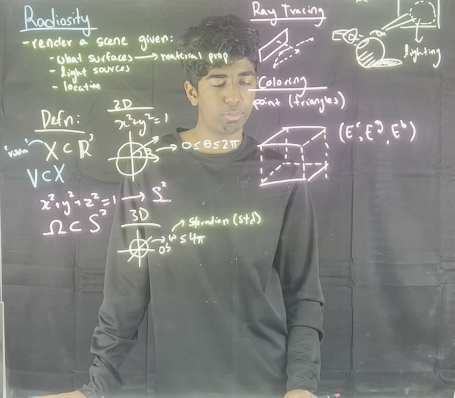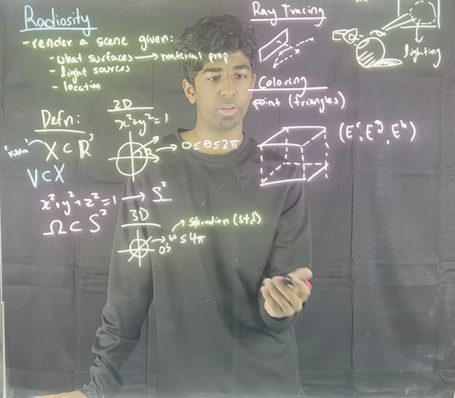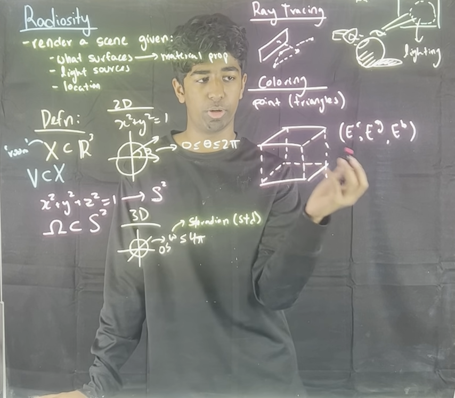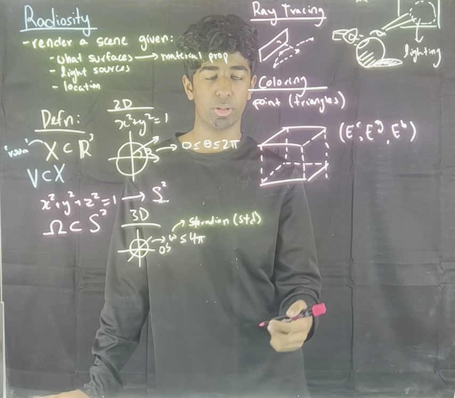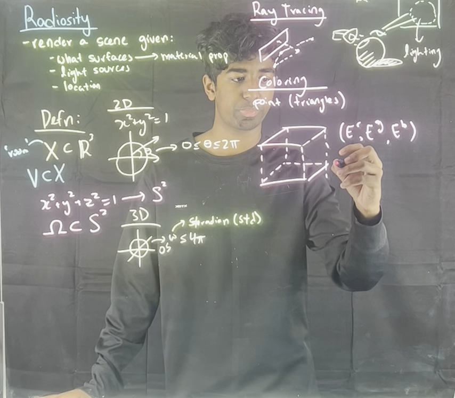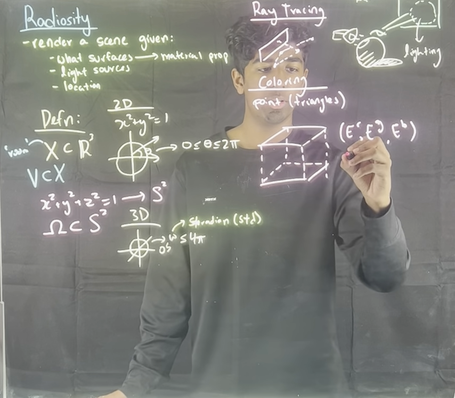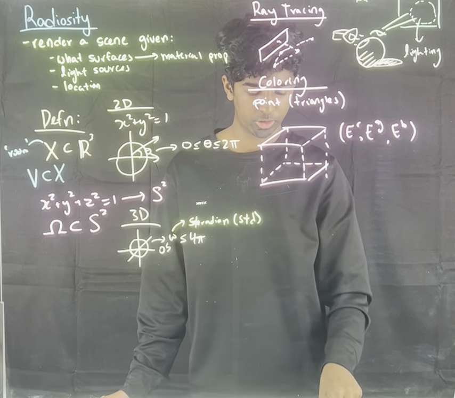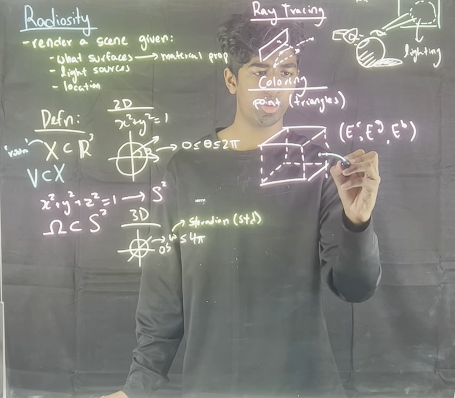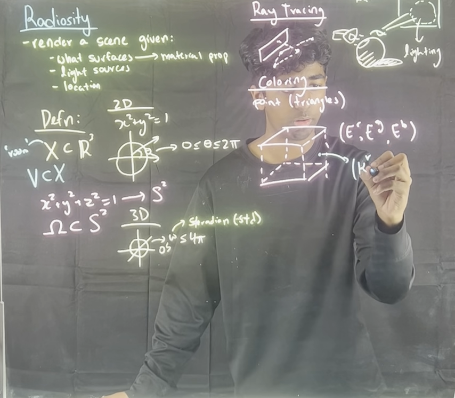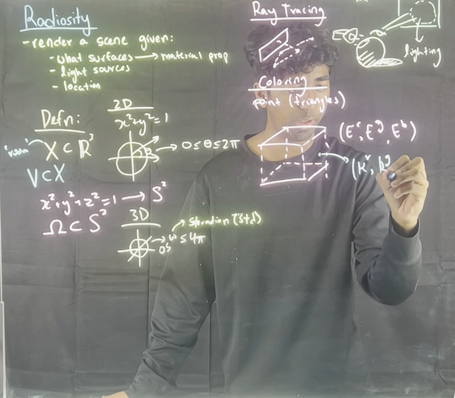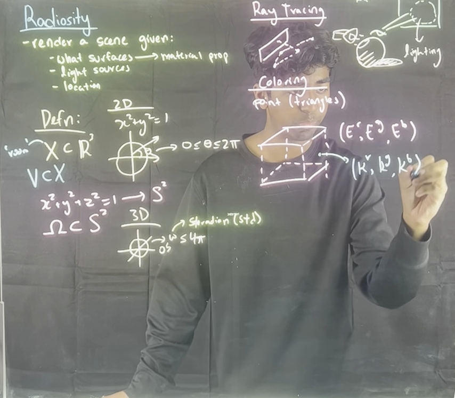And how do we distinguish the colors of each point, right? Well, maybe we can assign each point a 3-tuple, a triple of numbers. I'm just going to use a different color. So say this point, we assign it some values, maybe KR, KG, and KB.